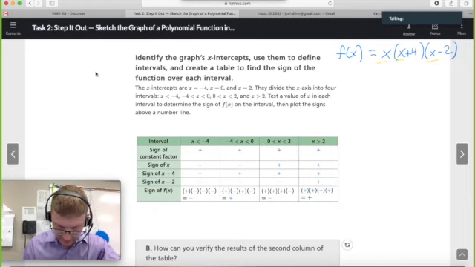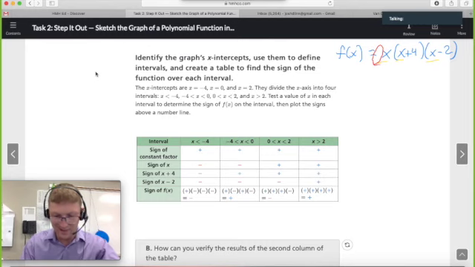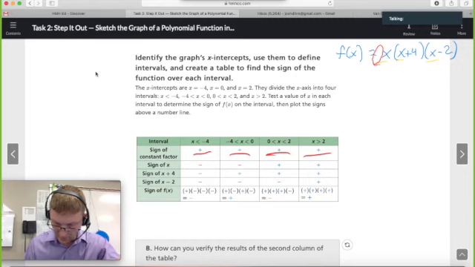This first one is the sign of the constant factor. We don't have a constant factor; that would be right here. Since we don't have one, it is implied to be a positive 1. So it's all positive.